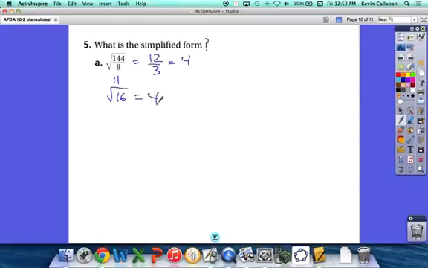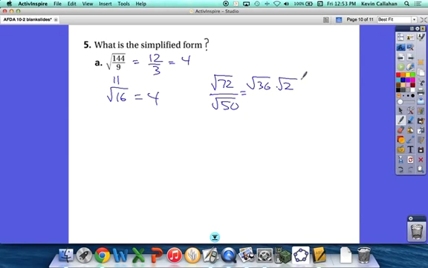Okay, what if you had something like the square root of 72 divided by the square root of 50? Where neither one of those are perfect squares, right? But can they be simplified? I mean, we already did 72. 72 was what? 36 times 2.